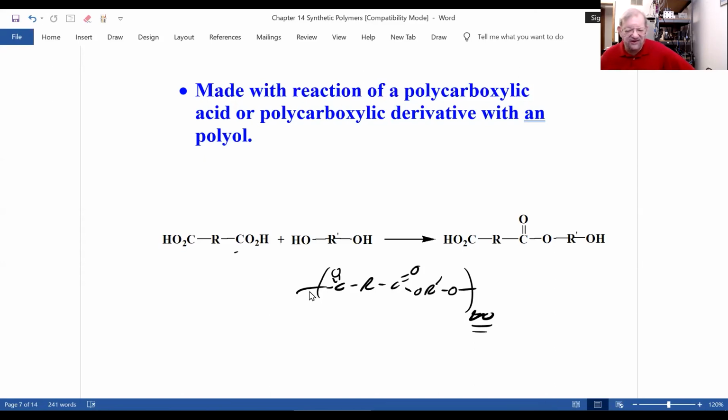And notice the key linkage here is this ester. It's formed right here, from one of the hydroxyl groups and one of the carboxylic acids. Polyesters play an important role in our daily life. Here's one right here. I didn't have to go far to find one of those.